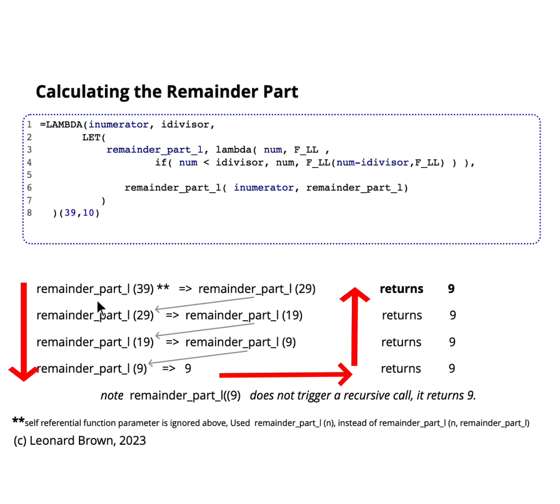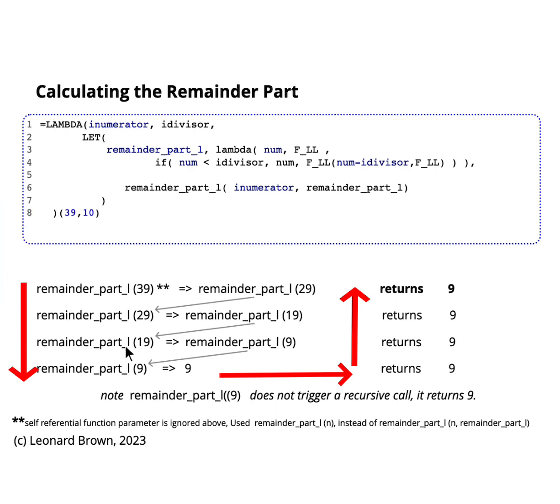So let's look. Remainder part of 39: the numerator is greater than the denominator, so we just subtract 10. We call the remainder part with the numerator minus 10, which is 29. Remainder part of 29, the numerator is still greater than the denominator, so we call remainder part of 29 minus 10, which is 19.